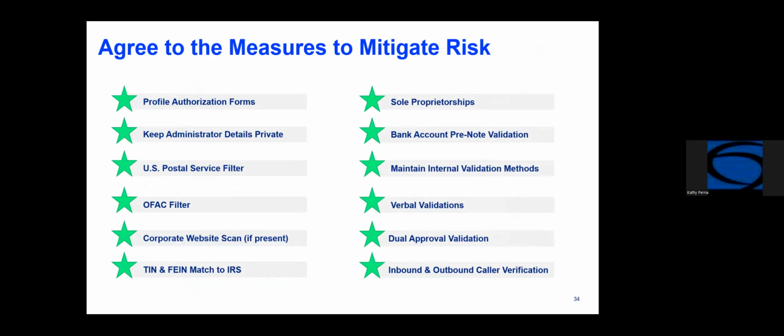Every task that you add onto your processes to mitigate risk strengthens your efforts to prevent payment fraud. Each of these individually is nice, but the more that you can add, or if you can do all of these, it makes it even stronger.